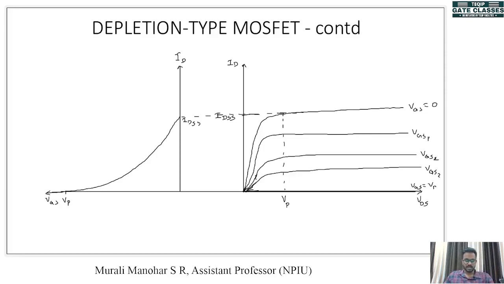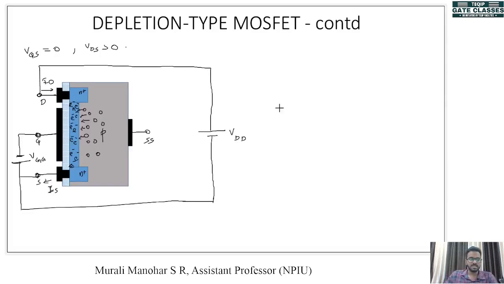So this is the transfer characteristics as well as the output characteristics of the MOSFET. But now there is a change. So far it is comparable with the junction field effect transistor we have seen, but there is a slight change here. In junction field effect transistors, we are not applying positive VGS, but in this case we can apply positive VGS.